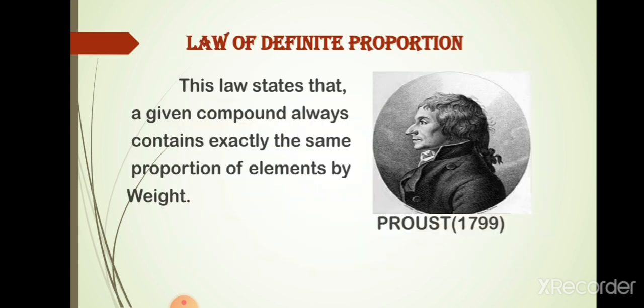Next law is law of definite proportion. This law was put forward by Joseph Proust in 1799. He stated that a given compound always contains exactly the same proportion of elements by weight.